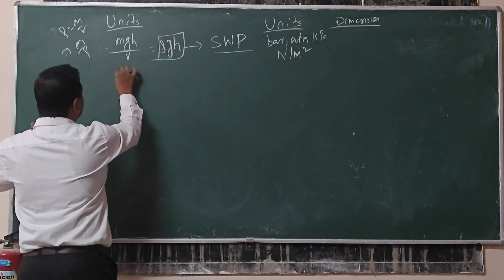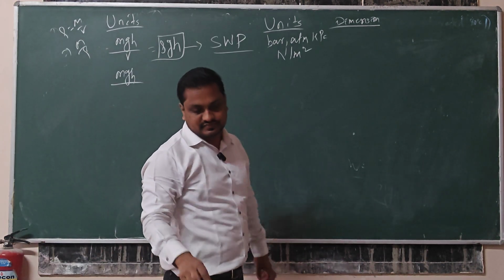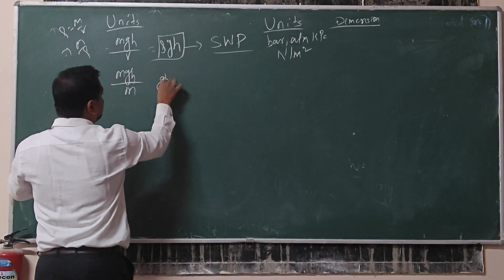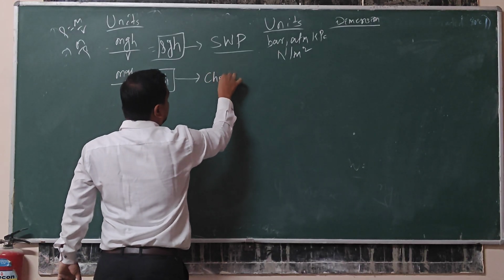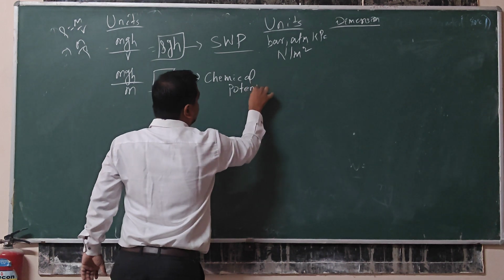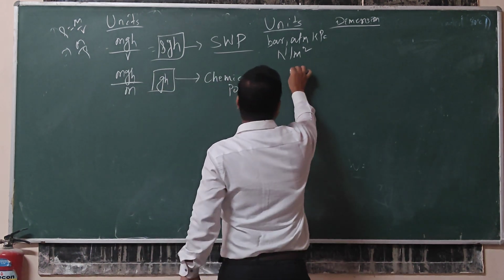And if we calculate your potential energy per mass, we find the value gh. Actually, this is called your chemical potential. So, the unit now becomes joule per kg.